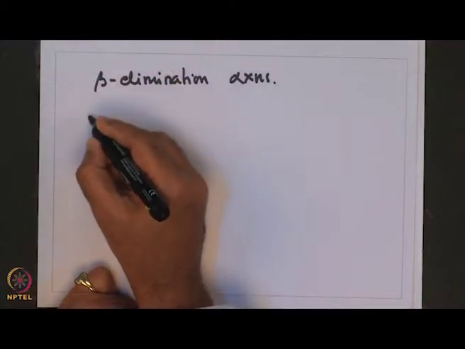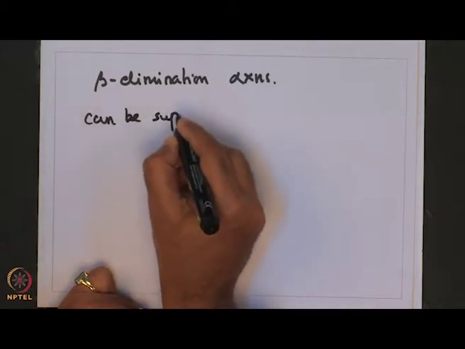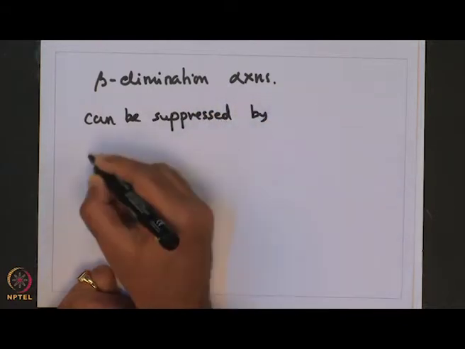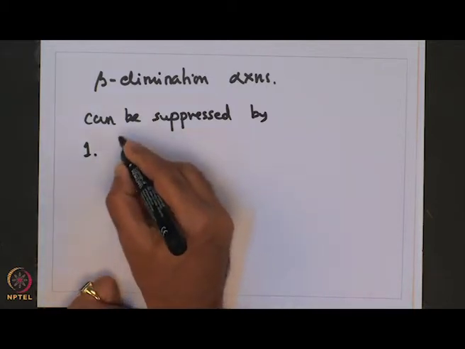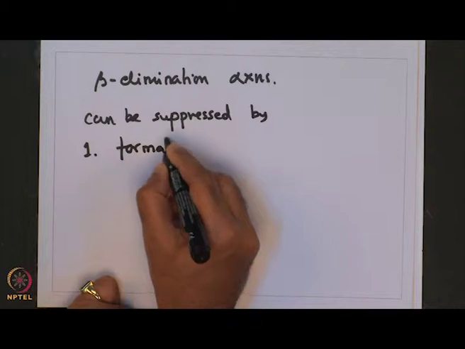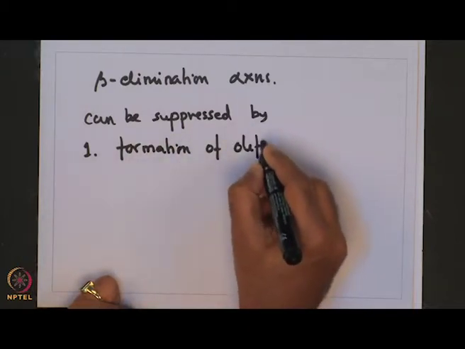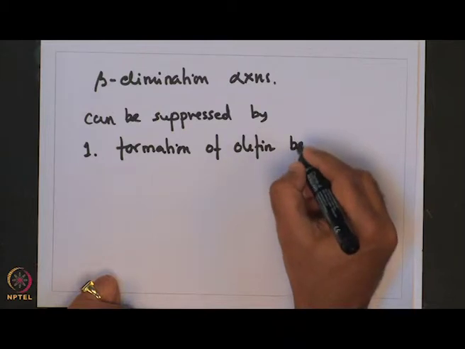The first one was that formation of the olefin can be made sterically or energetically unfavorable.